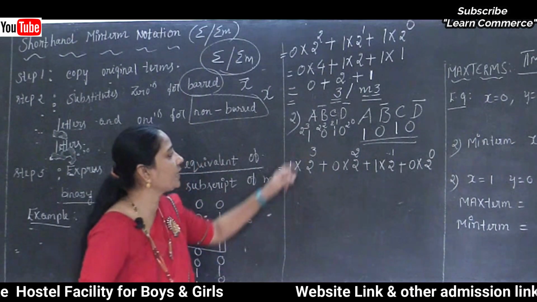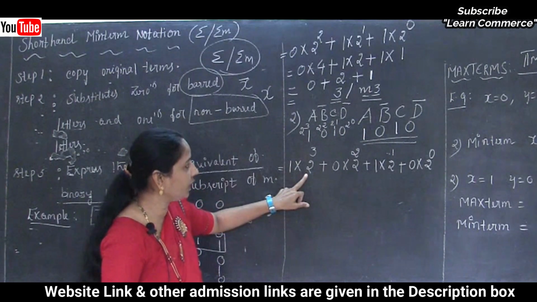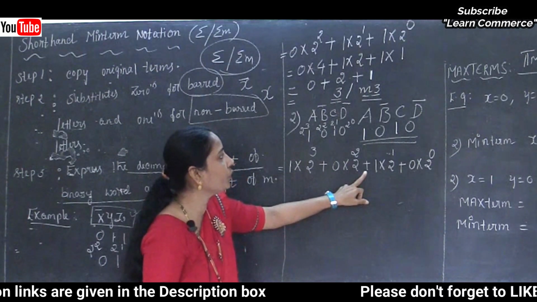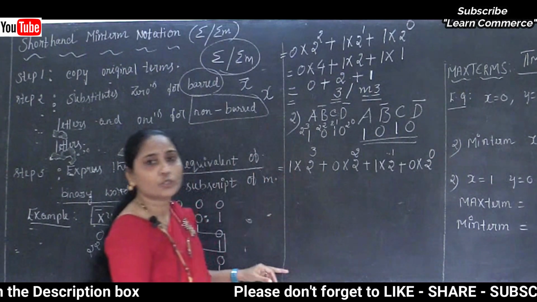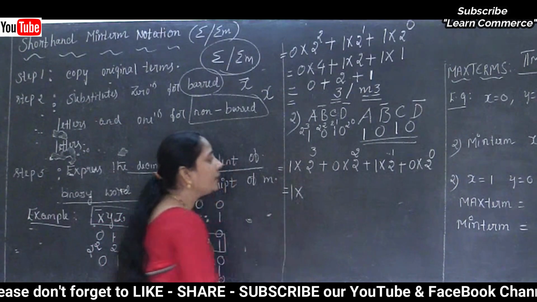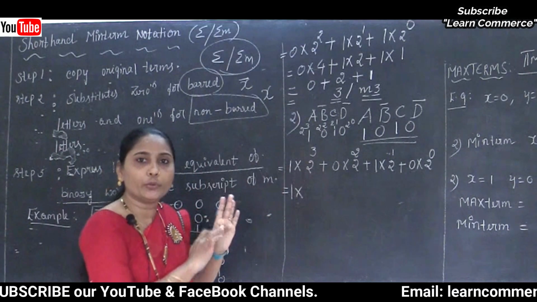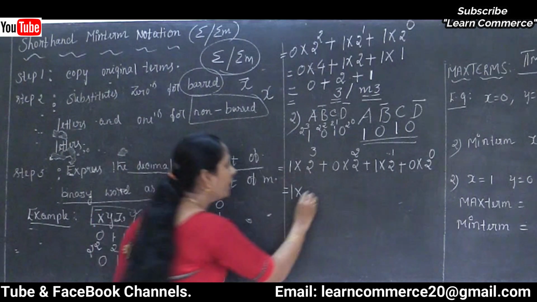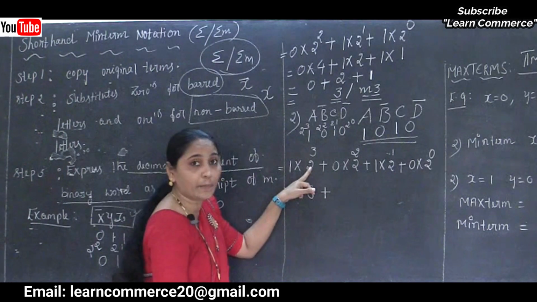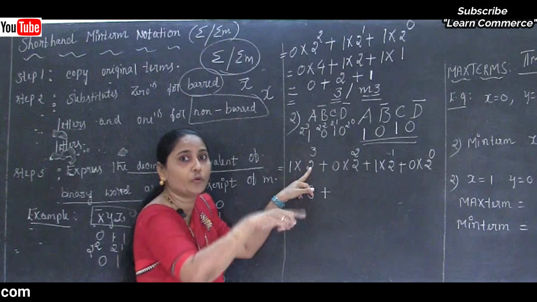How I completed, I made the simplification: 1 into 2 to the power of 3 plus 0 into 2 to the power of 2 plus 1 into 2 to the power of 1 plus 0 into 2 to the power of 0. For 2 to the power of 3 we make the calculation 2 into 2 into 2: 2 2s are 4, 4 2s are 8.